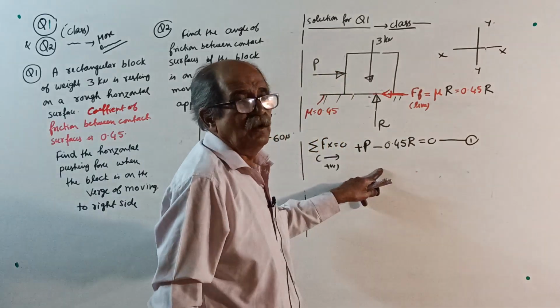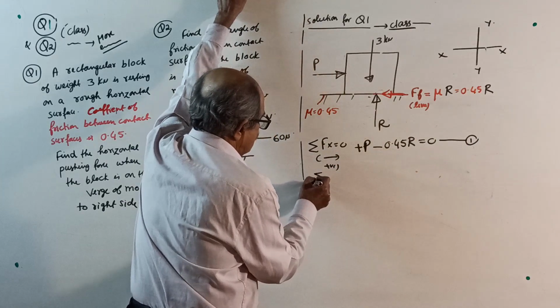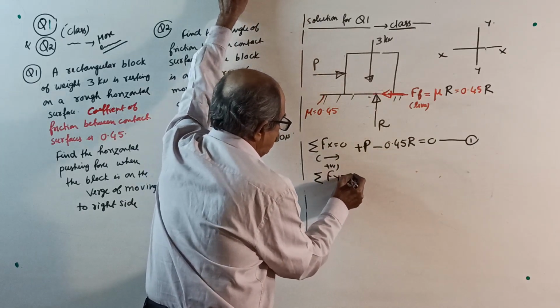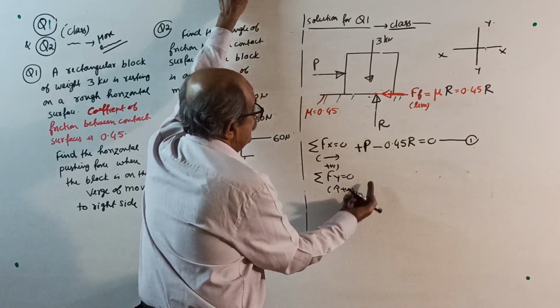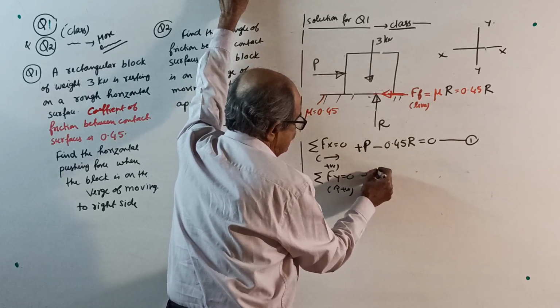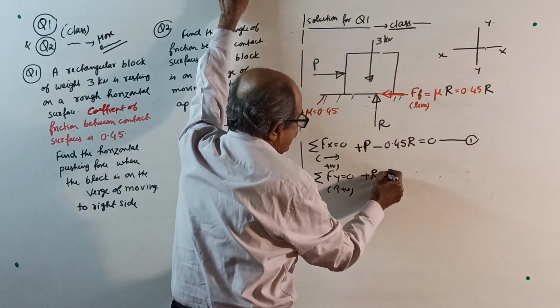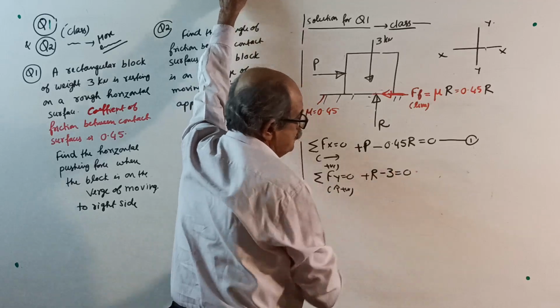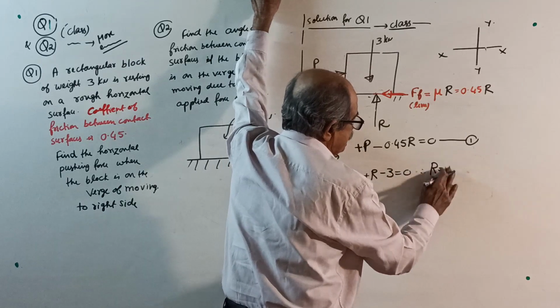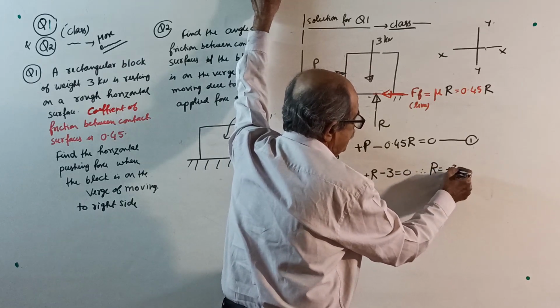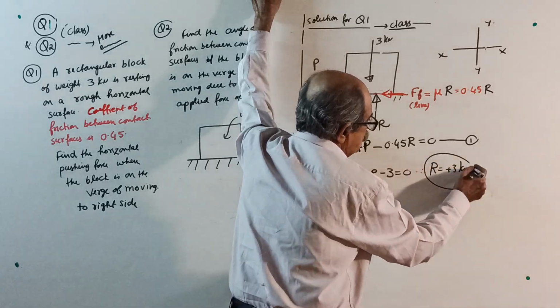No simplification required. Then sigma Fy equal to 0, take upward positive. Then plus R minus 3 equal to 0. Therefore, R equal to 3 kilonewton. Make this equation number 2.